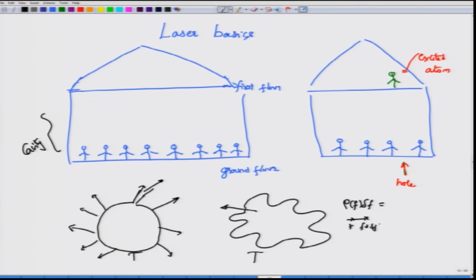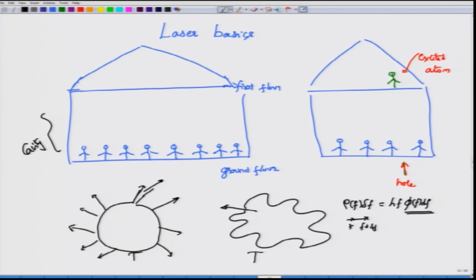The energy emitted in that region is given by hf, which is the energy of the photons that are emitted from this region, times the photon density, that is the number of photons between the frequencies f and f plus delta f, which we will call phi f df.